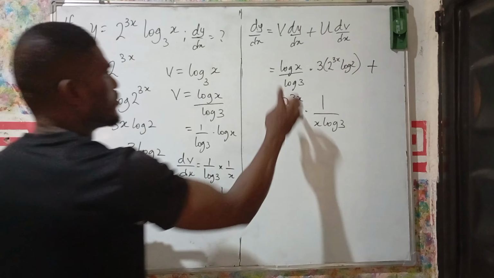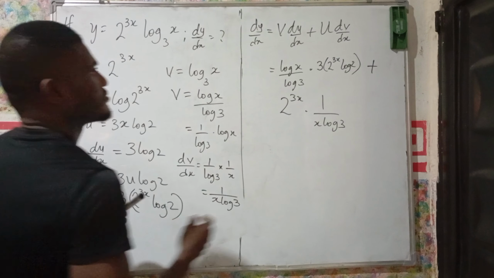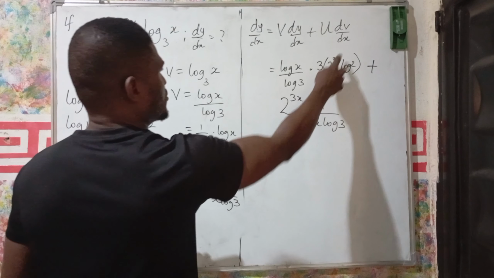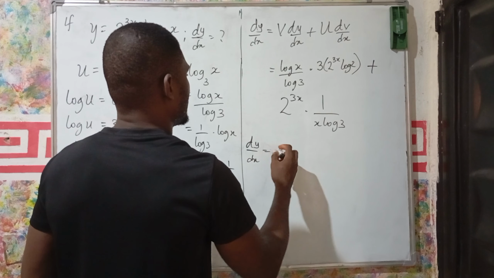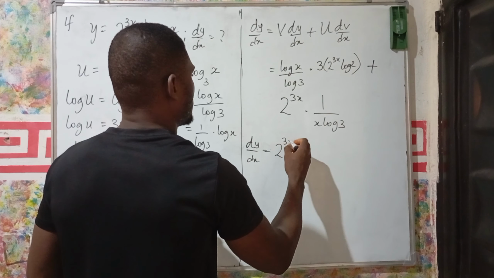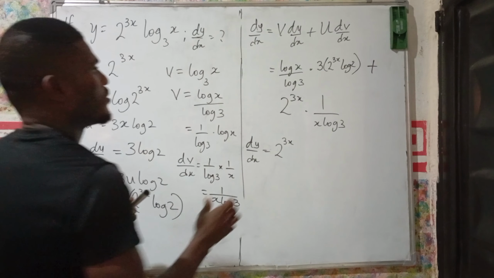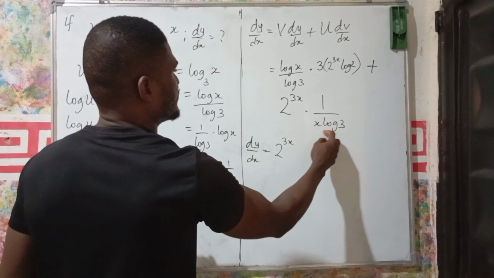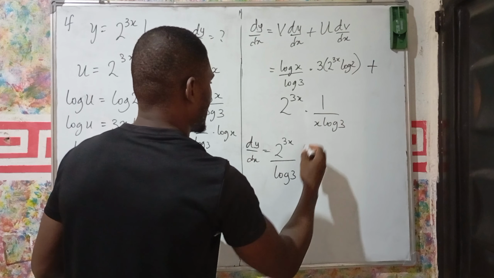If you look at these two terms, what they have in common is 2 to the power of 3x. So we can simplify this by factorizing 2 to the power of 3x out. And what else do they have in common? On the denominator, they have log 3. We can factor that out.